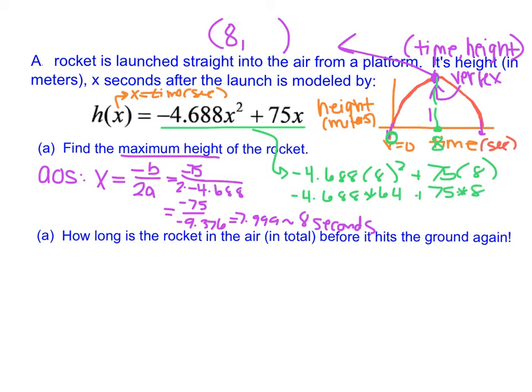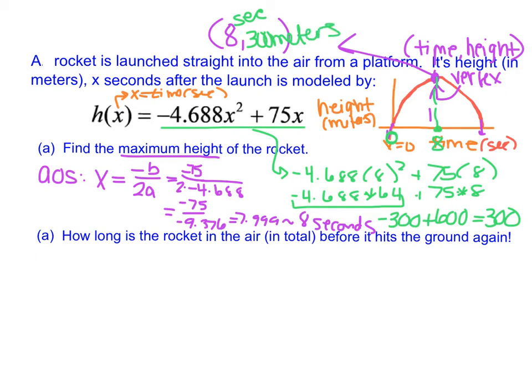So this first part, negative 4.688 times 64, becomes negative 300, plus 75 times 8, which is 600. Those two added together are 300. So what we find out is that at 8 seconds, we are at our maximum height of 300 meters.